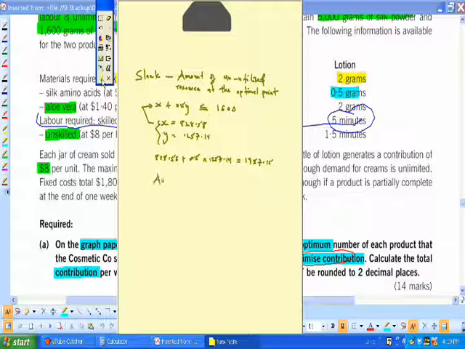Remember, the available amount they told us was 1,600. That means the slack is 1,600 minus 1,457.15, which is 142.85 grams.